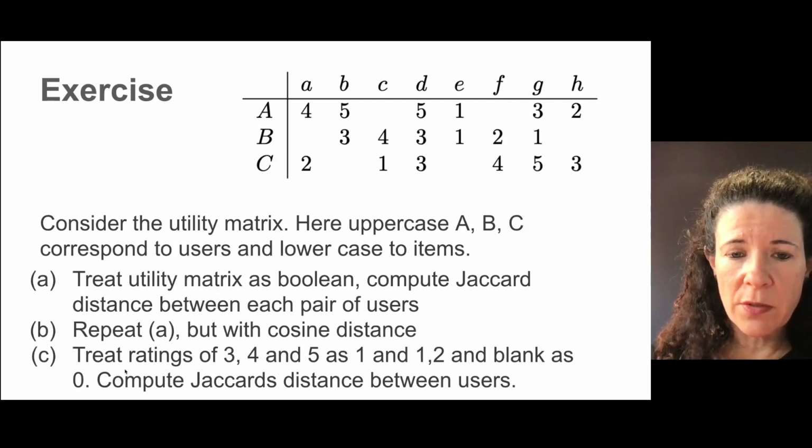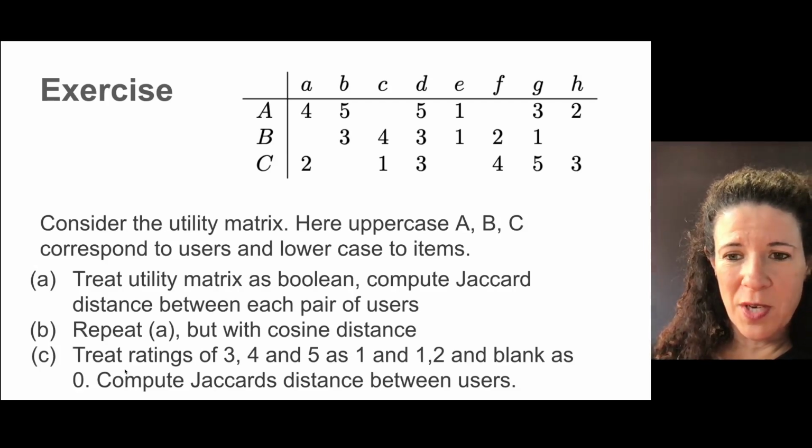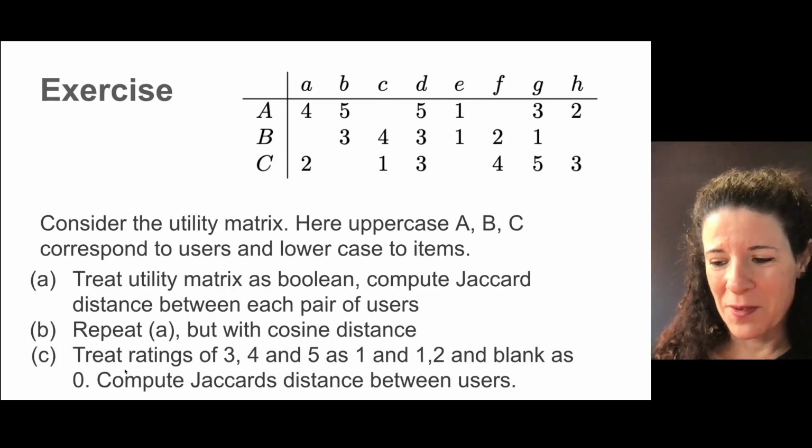I would like you to stop the video and compute the different similarities between these users. I'm going to let you stop the video, but I'm going to keep going.